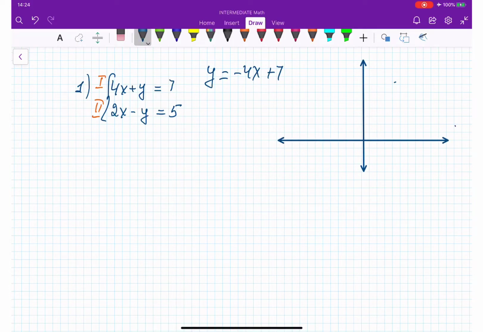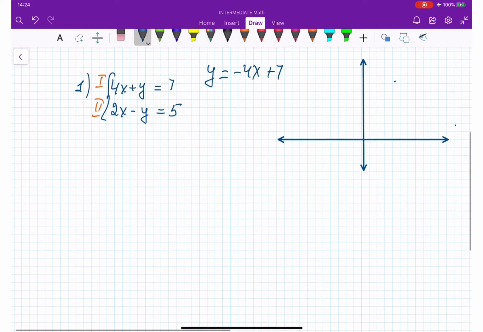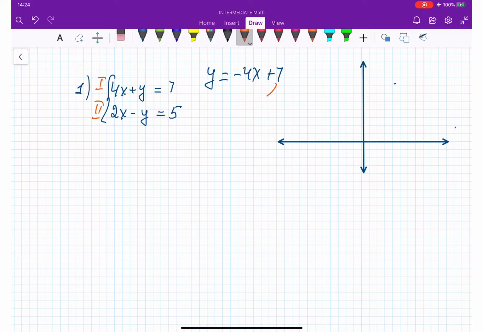Okay, so we always start from the y-intercept, which is 7. It's a coordinate, which is (0, 7). Here we have 1, 2, 3, 4, 5, 6, 7. There we go, (0, 7). Next, we have a slope of negative 4, which we represent as negative 4 over 1. So I'm going down by 4: 1, 2, 3, 4.